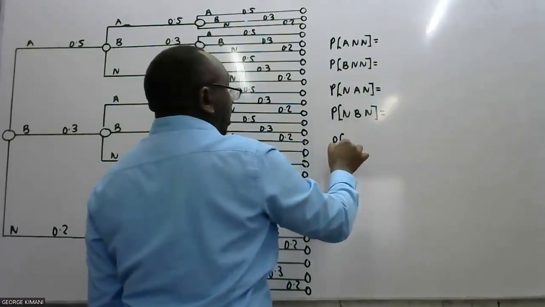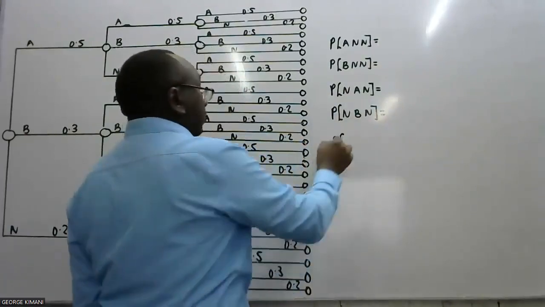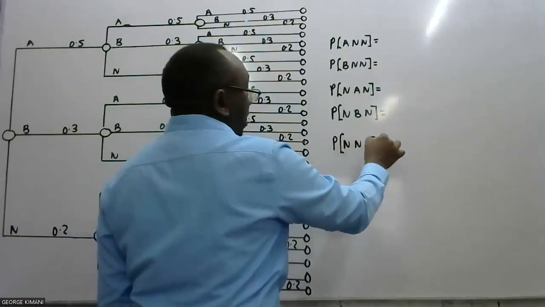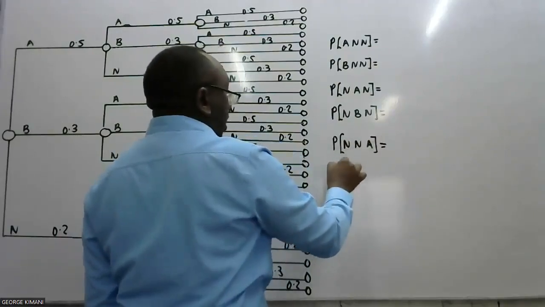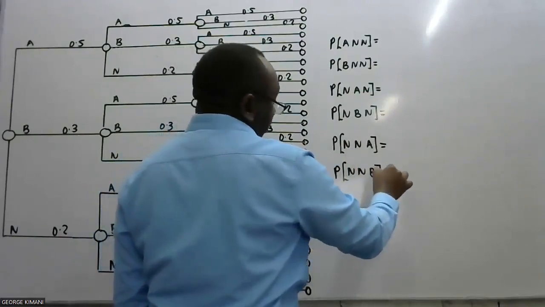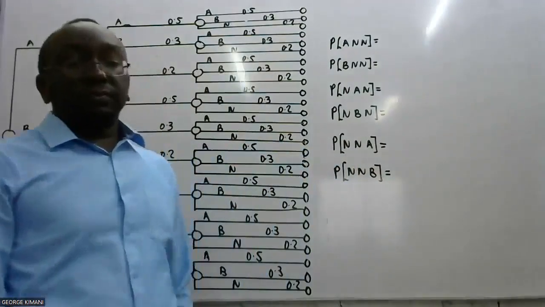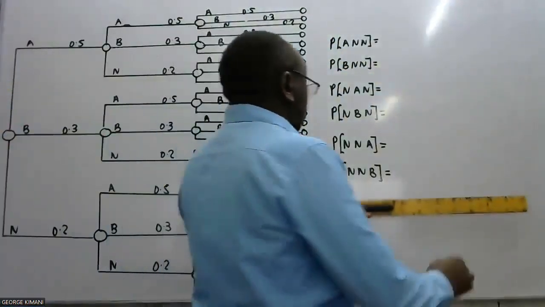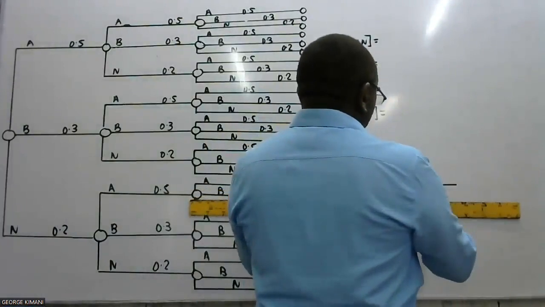Then assume it is the third contract that was given. So the first not given, the second not, but the third goes to A, and the same case here, but now it goes to B. So that is the probability that two contracts will not be awarded.